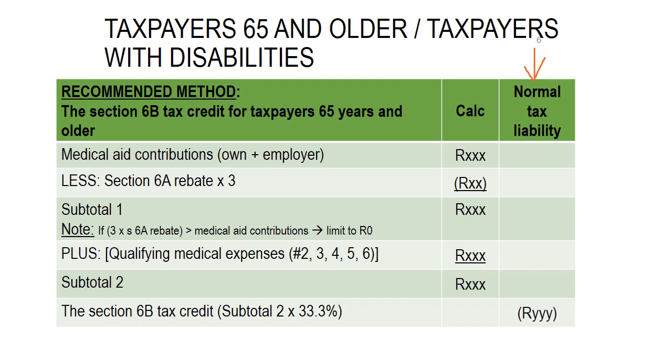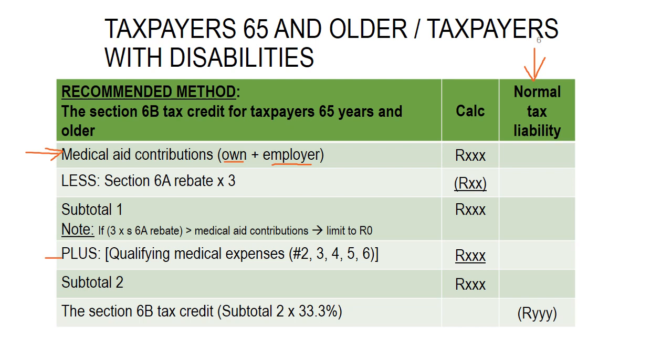Now, how it starts is you start off with medical aid contributions. Now, this is if the taxpayer belonged to a medical aid. Of course, if the taxpayer did not belong to a medical aid, you will start here, right? So medical aid contributions, remember that it is the taxpayer's own as well as those that were contributed by an employer, because we would have been taxed on it as a fringe benefit.